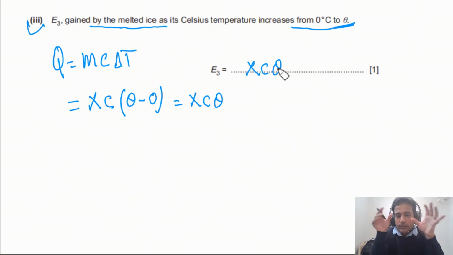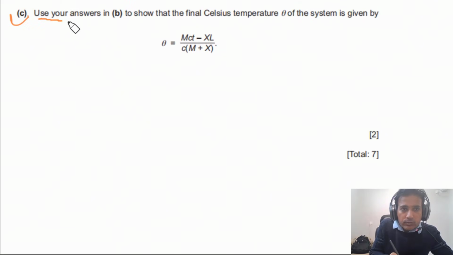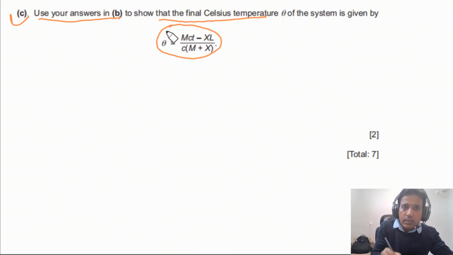So it is very important at this level to read the question carefully and then try to connect with your understanding of physics. Then you will be able to answer these questions. Question C says, use your answers in B to show that the final Celsius temperature theta of the system is given by this expression.